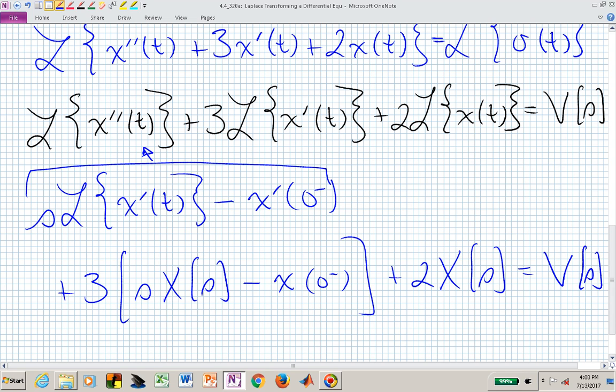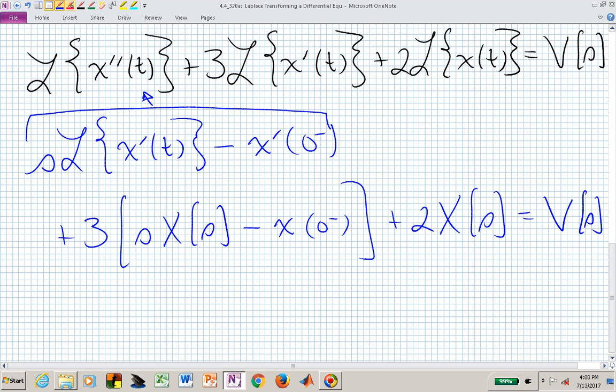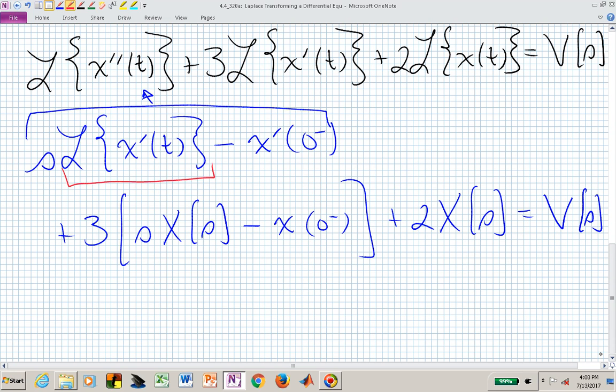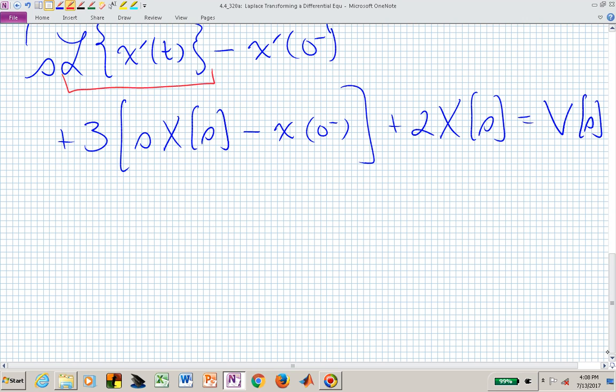Now we simply apply the Laplace transform of a derivative one more time, and then we will not have any more derivatives and we won't have any more Laplace transforms. We'll have everything in the frequency domain and we'll be at the correct location in the classroom.